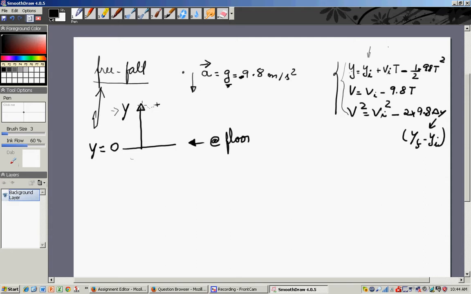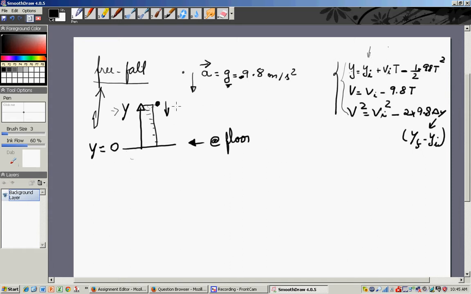Now, if I'm throwing a projectile, or I'm throwing a ball from the top of a building that has a height, let's say 30 meters, which means I have a building here, right? From the top of the building I just let a ball fall like this.